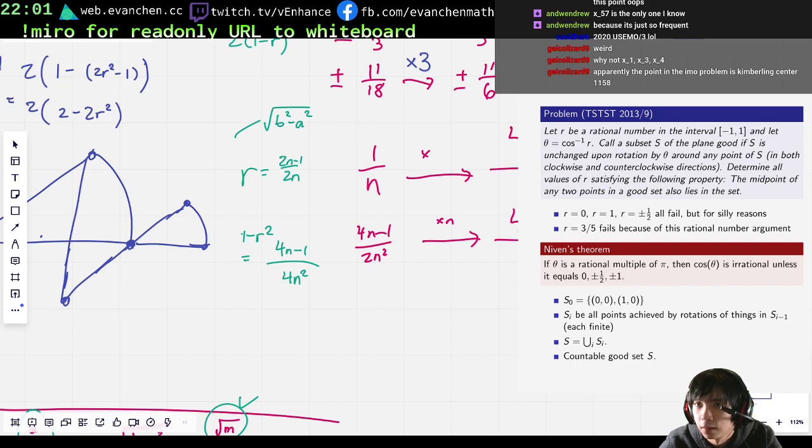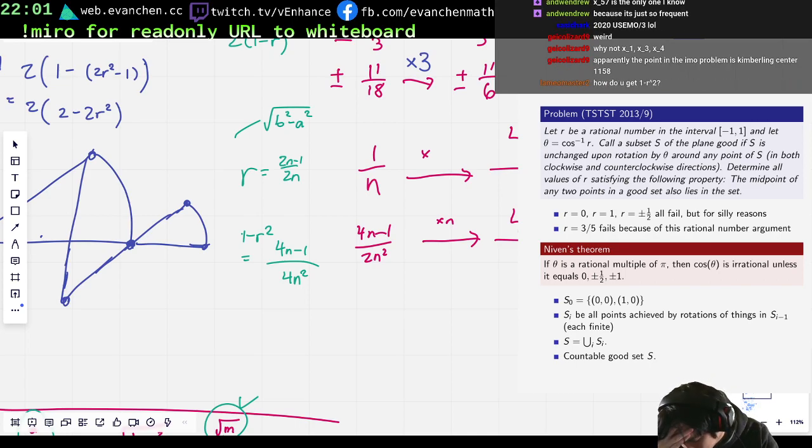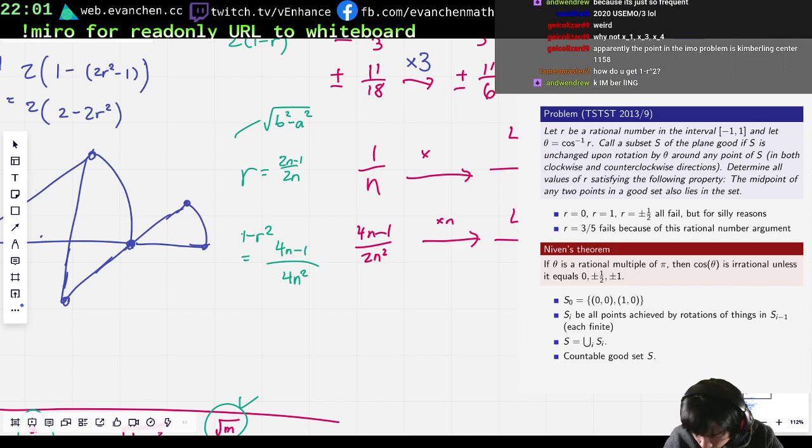Oh, jeez. Three n minus 1. This example is over 2.